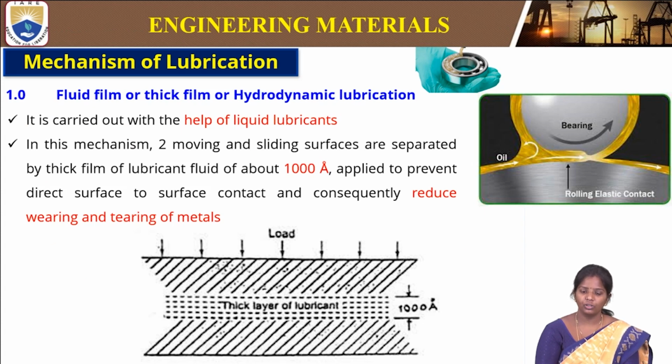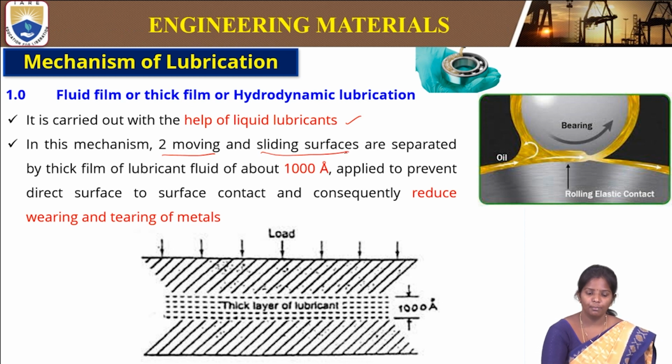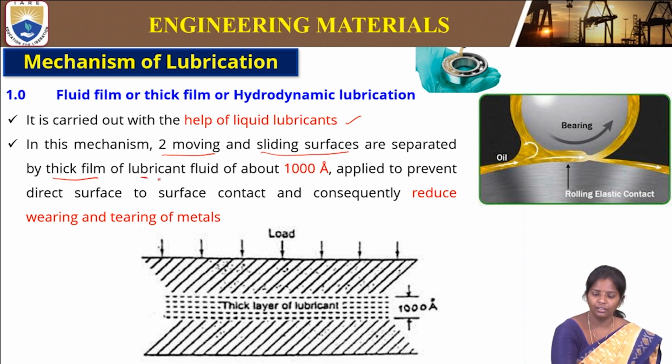So fluid film, or thick film, or hydrodynamic lubrication. This is one of the types wherein the mechanism takes place in fluid lubricants. In this mechanism, two moving or sliding surfaces are separated by a thick film of lubricant fluid.